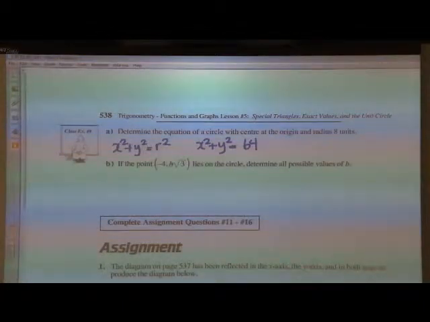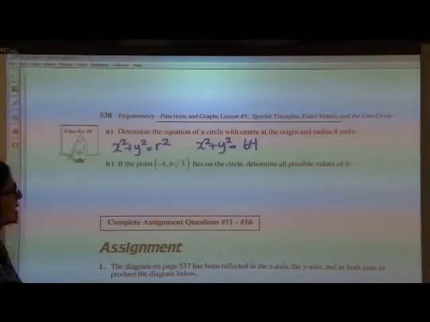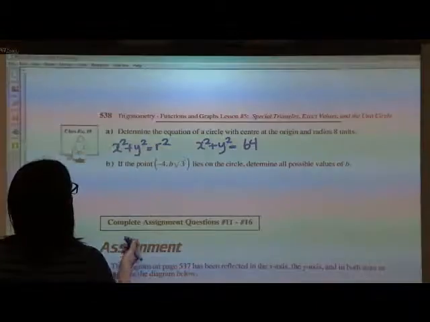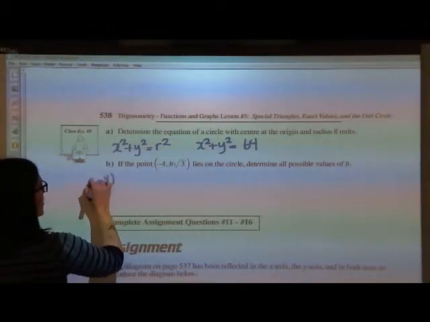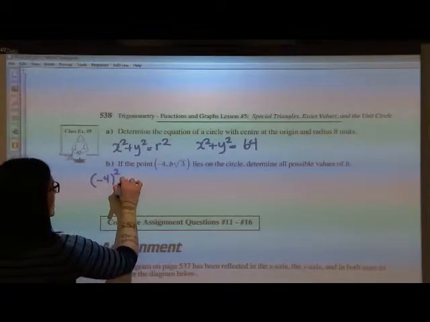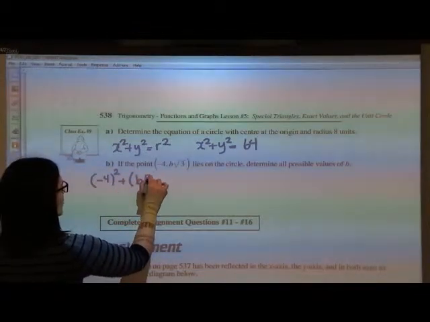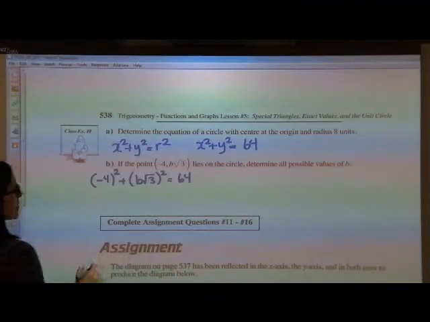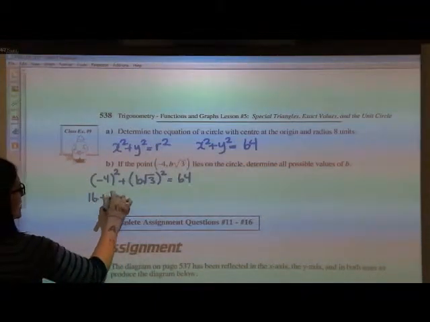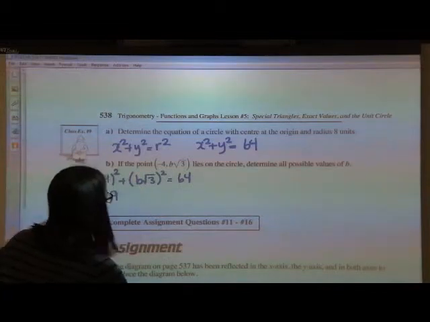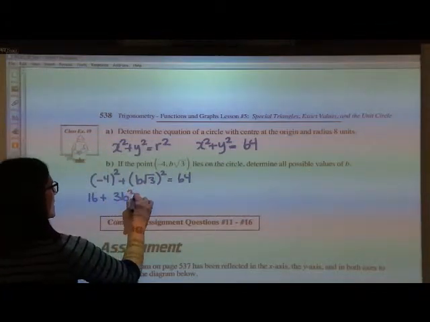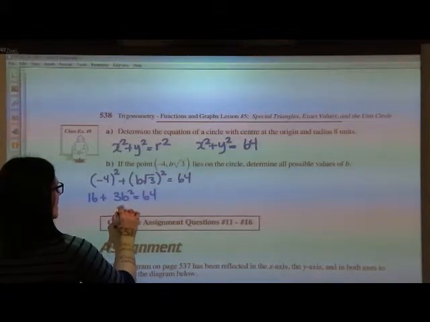And then B says if this point lies on the circle, determine all the possible values of b. So if it lies on this circle, that means it equals 64. So I get negative 4 squared, because that's my x value, plus b root 3 squared, because that's my y value, equals 64. So I get 16 plus 3b squared equals 64.